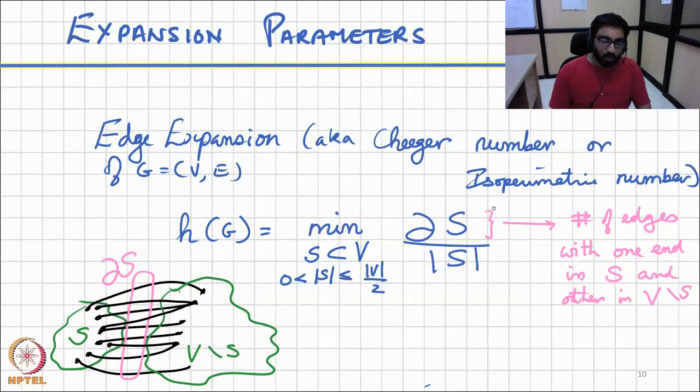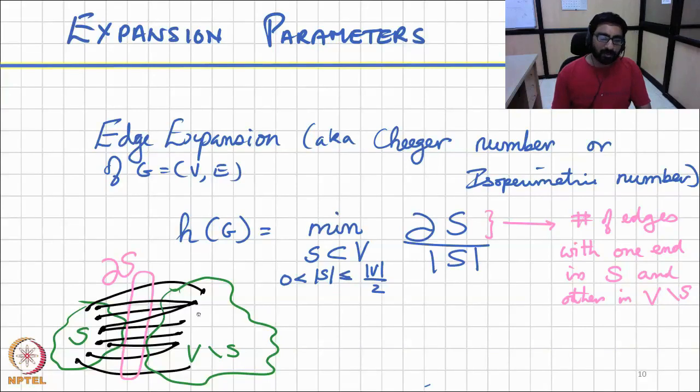And this quantity is minimized. We're considering the least such ratio over all subsets of the vertex set. Okay. And this parameter, this lowest ratio, is called the edge expansion.